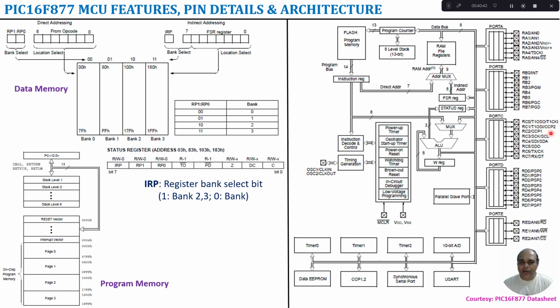SPI protocol is a 4-wire protocol which is used for serial communication. We have SDO, serial data output, SDI, serial data input, serial clock, and a slave select signal. So it is a 4-wire protocol.